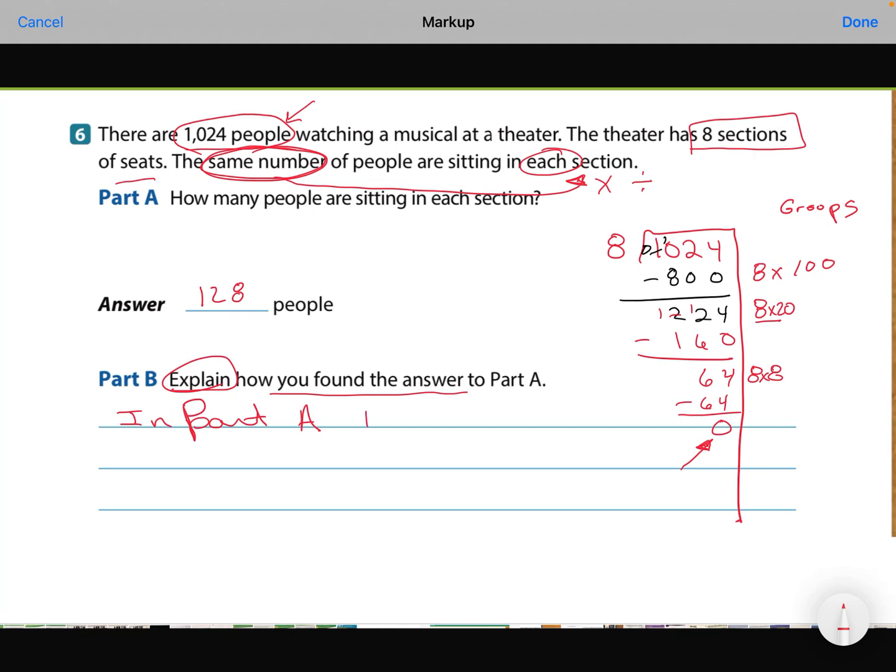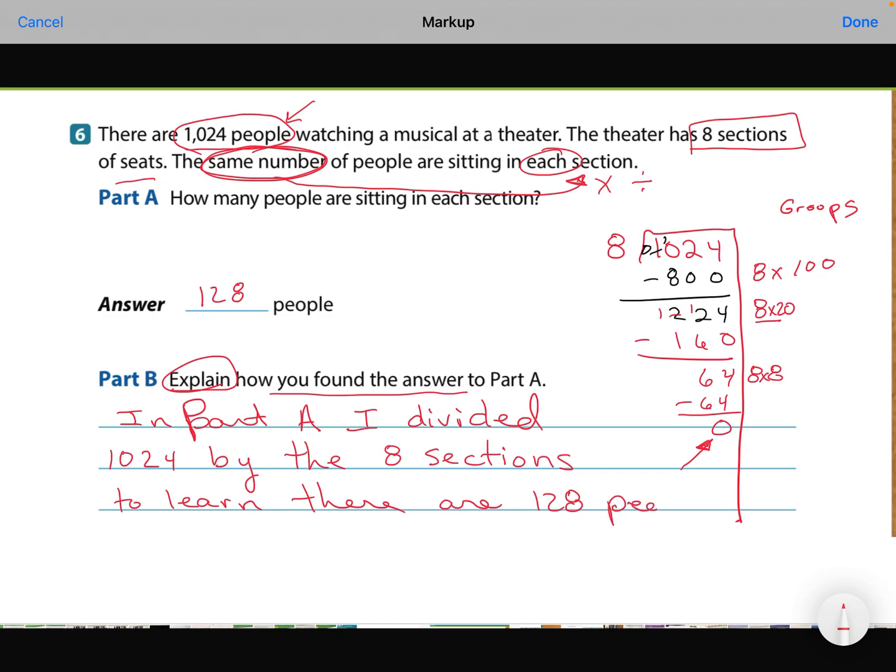In part A, I divided 1,024 by the 8 sections to learn there are 128 people per, which is another word for each, section.